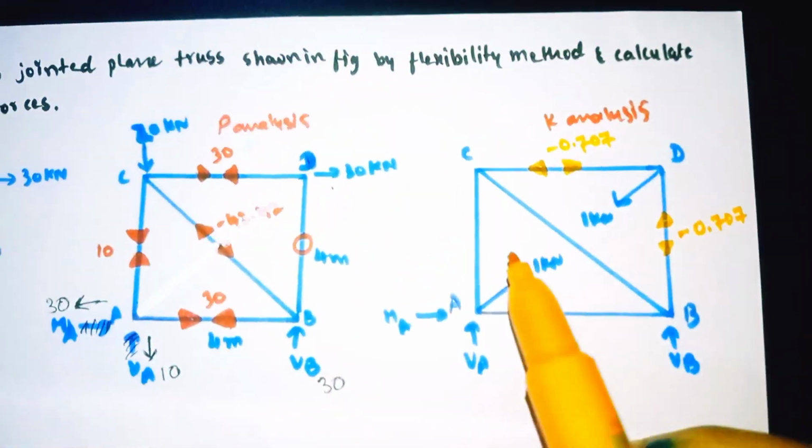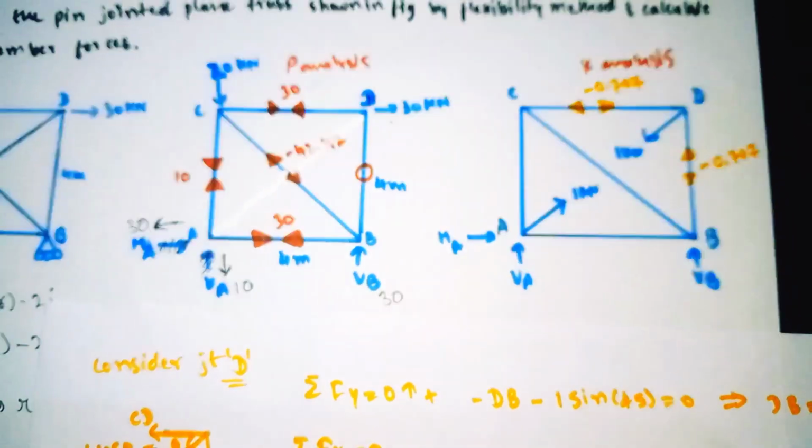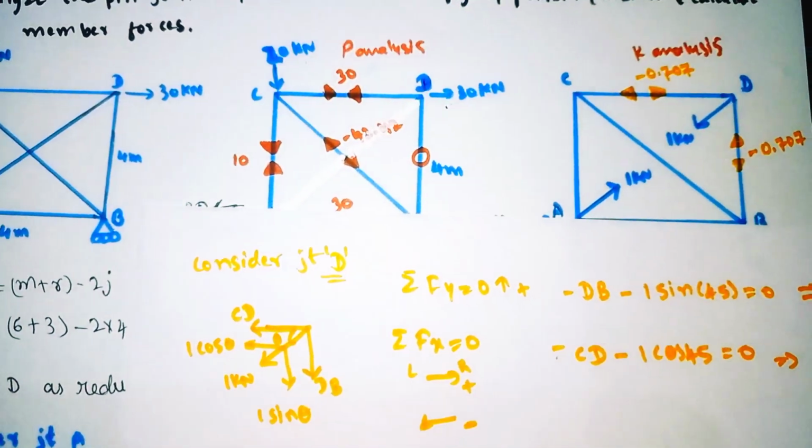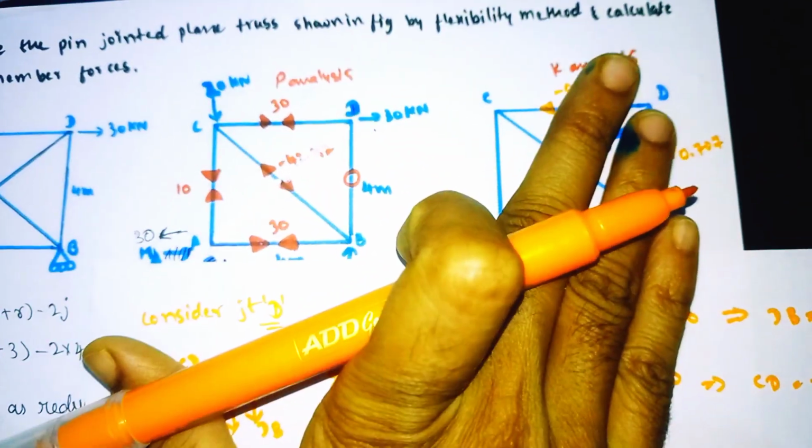So now we'll take the joint C. It has one known and two unknowns, so we can easily calculate it. So consider the joint C. Now we only take this much.